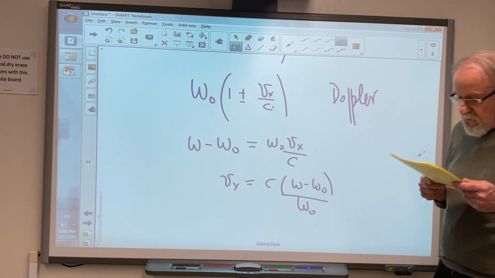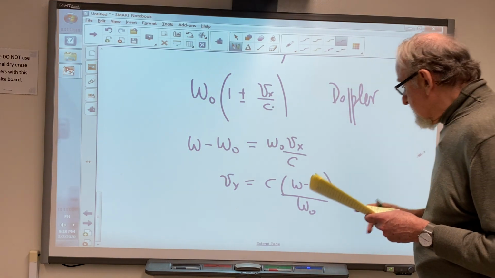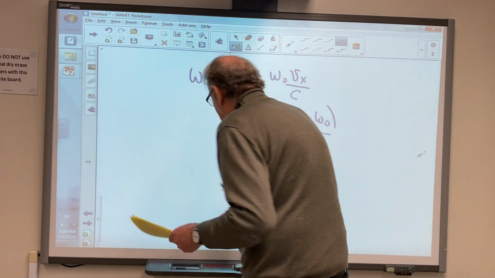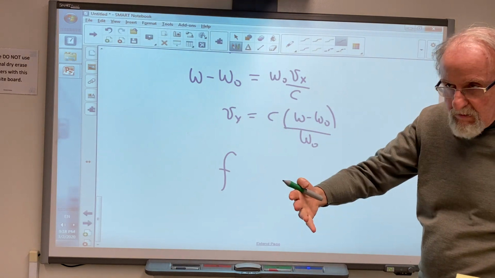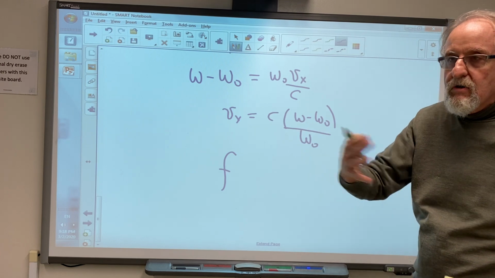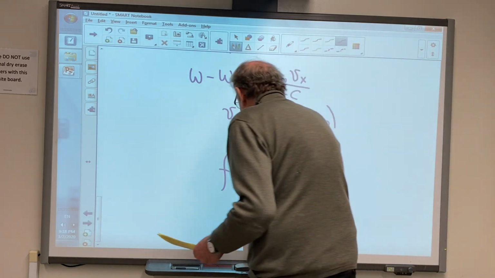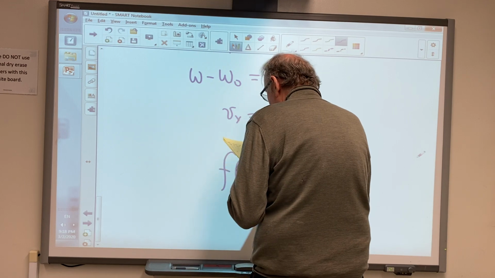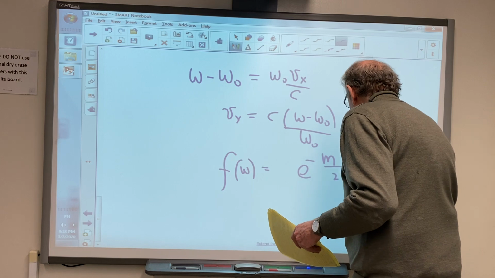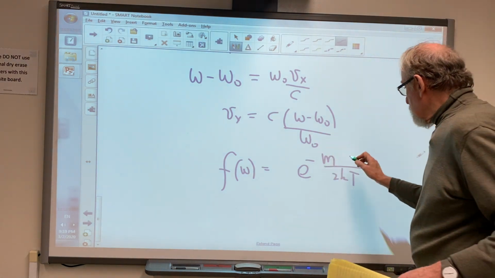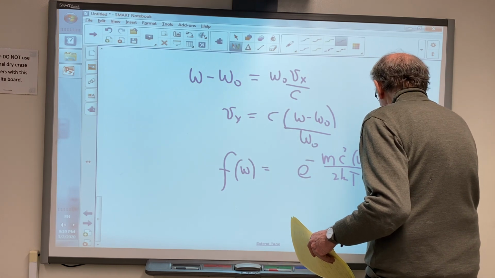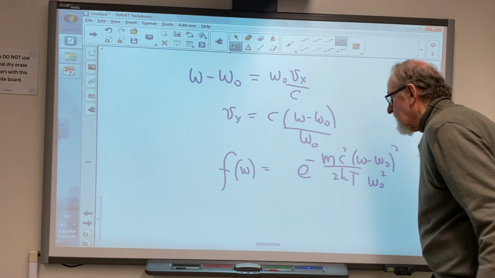Okay, so what does it mean? That when you look at the distribution of the molecules, the f of v coming from the Maxwell-Boltzmann will translate itself into an f of omega, a distribution of the frequencies. And the f of omega will be e to the minus m over 2kT, and instead of v squared, we have c squared times (omega minus omega 0) squared over omega 0 squared.